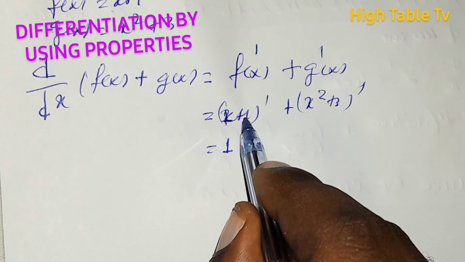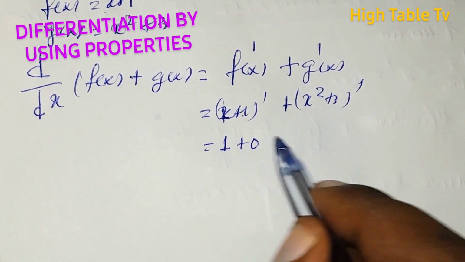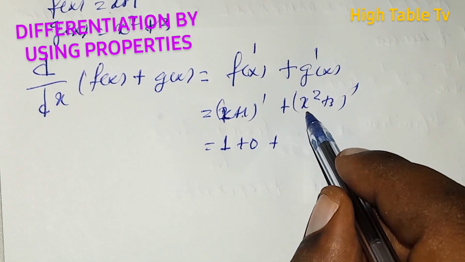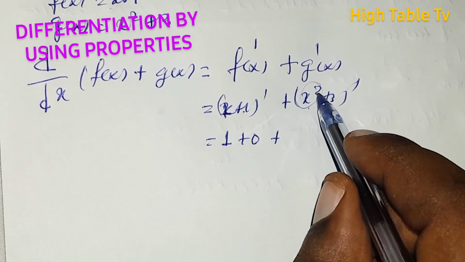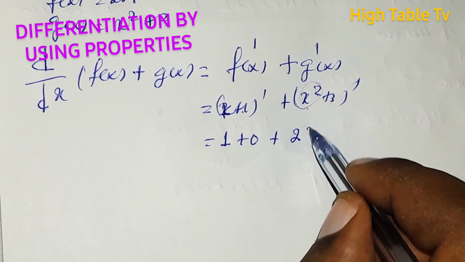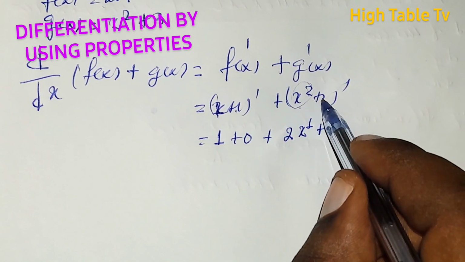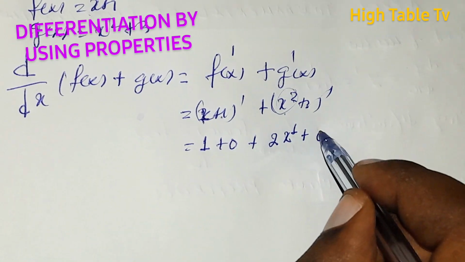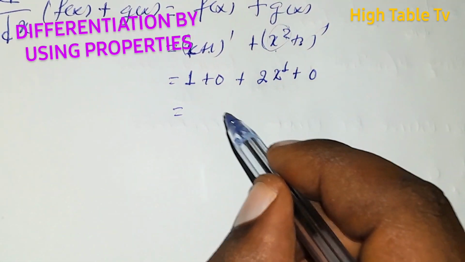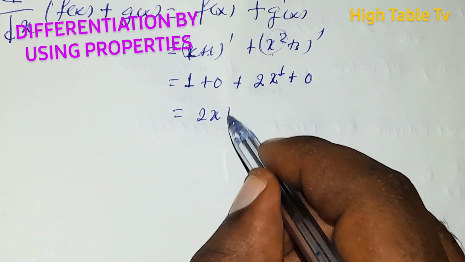So the derivative of x is equal to 1. The derivative of 1 here is a constant, so it is equal to 0. Then plus the derivative of x squared; it means we have a power which is greater than 1, so we can have 2x, 2 minus 1, which is equal to 1. Then plus the derivative of 3, which is a constant also, so it is equal to 0. So here we remain with 2x plus 1.